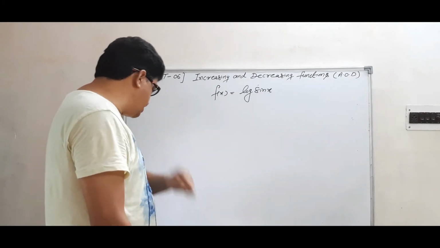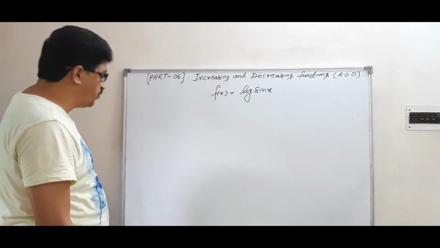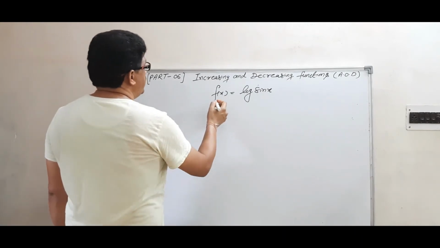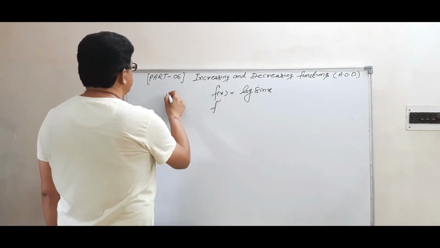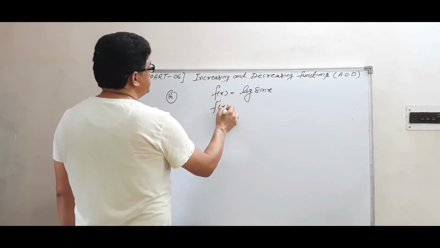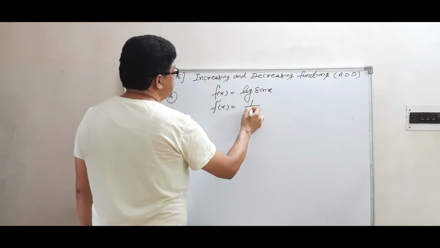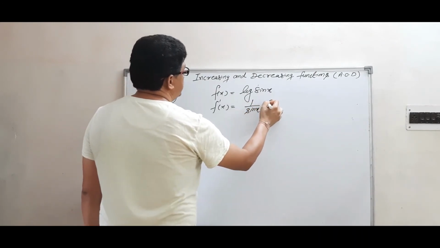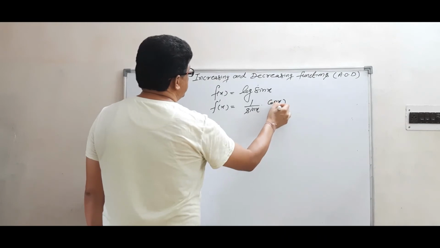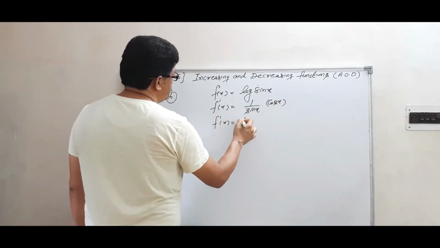Is strictly increasing on 0 to pi by 2 and strictly decreasing on pi by 2 to pi. So here question number 16. First of all, you find f dash x. Log sin x gives 1 upon sin x, and differentiation of sin x is cos x. So f dash x is equal to tan x.